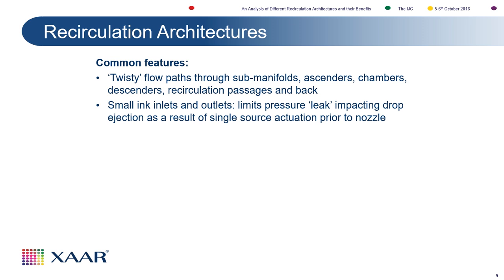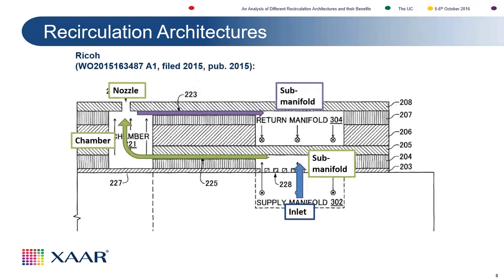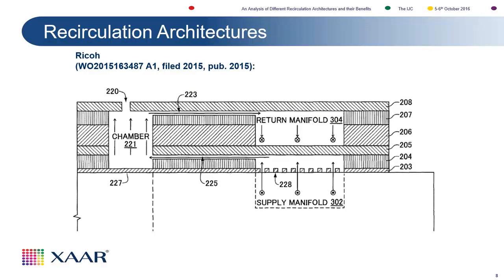So you can see on the roof mode, you have a single source of actuation. And basically, you want all the energy to go out with the nozzle. You don't want the energy to go out with the inlet and outlet. I don't want to pick on this particularly, but you can see here, actuation down here, you want all the energy to go that way. What you don't want is all the energy to escape to the side ports.